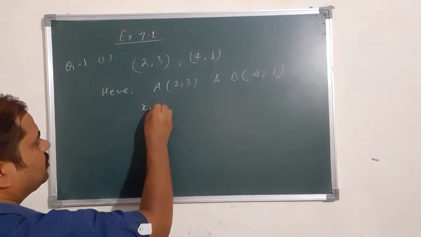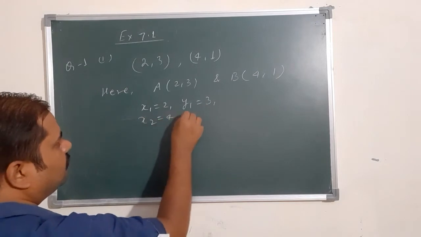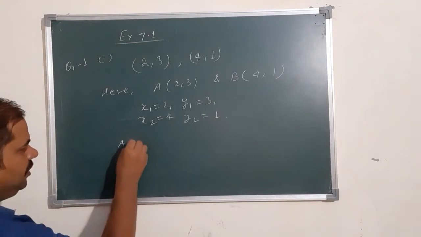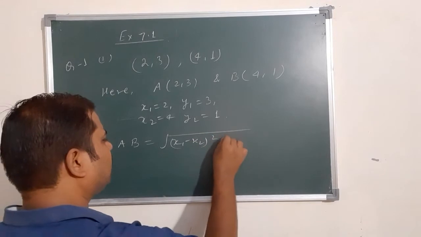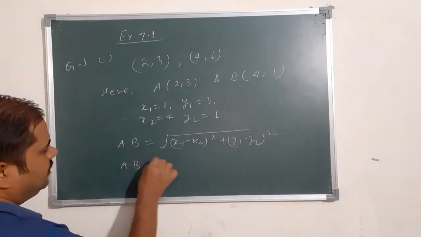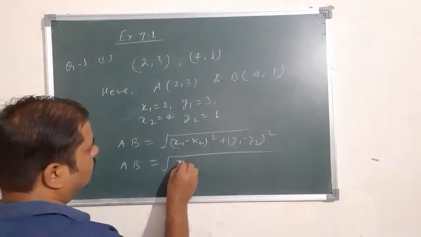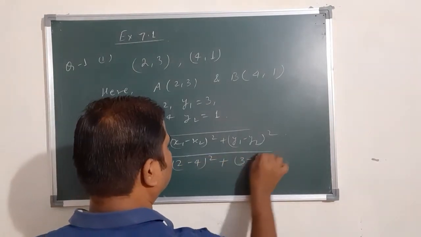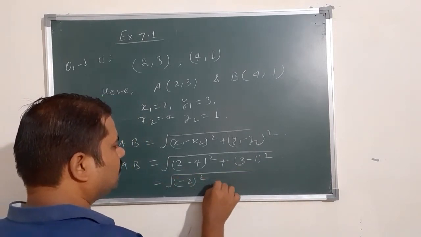So x1 is equal to 2, y1 is equal to 3, x2 is equal to 4 and y2 is equal to 1. So using the distance formula, AB is equal to root of (x1 minus x2) whole square plus (y1 minus y2) whole square, that is root of (2 minus 4) whole square plus (3 minus 1) whole square, and this becomes (minus 2) whole square plus 2 whole square.